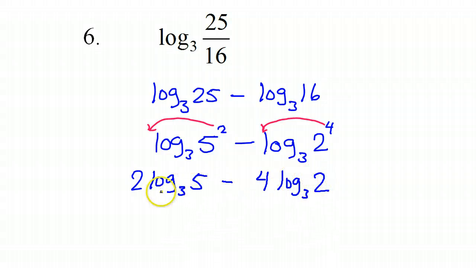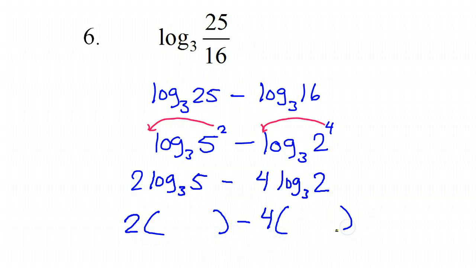All right, we needed 2's and 5's, and we got just what we needed. So this is going to give us 2 times that decimal minus 4 times that decimal. These are the decimals that they gave us. So log base 3 of 5, that's your 1.465.